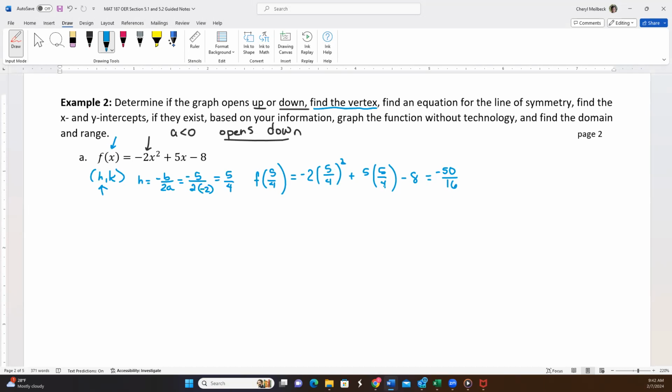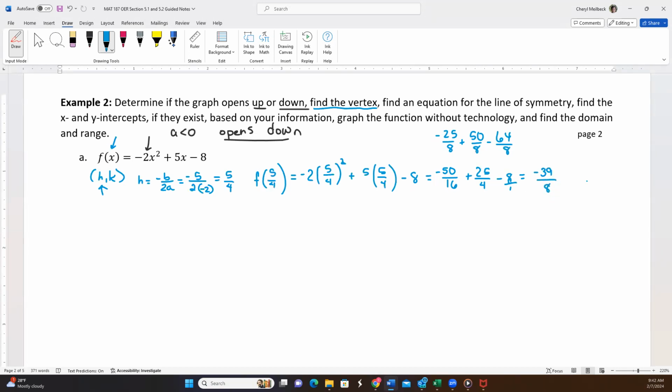This is going to give us -25 over 8, plus 25 over 4, and minus 8. So let's see, common denominator here. We could make all of these denominators 8 because 50 over 16 reduces. In that case, we'd have -25 over 8 plus, if we multiplied these both by 2, 50 over 8 minus 64 over 8. Combining our numerators then, we're going to get -39 over 8.